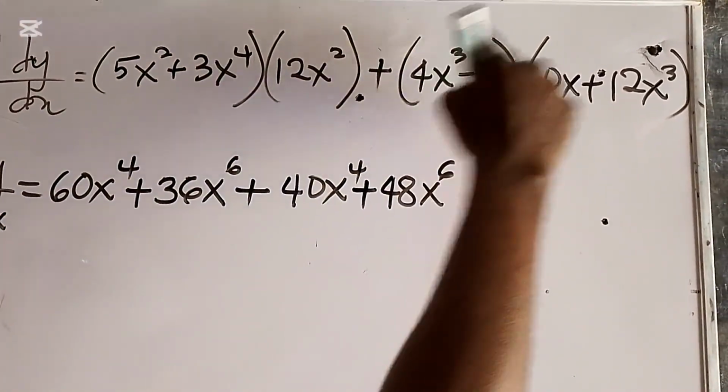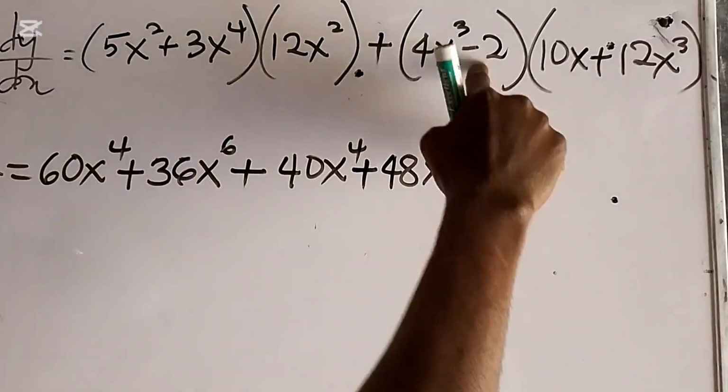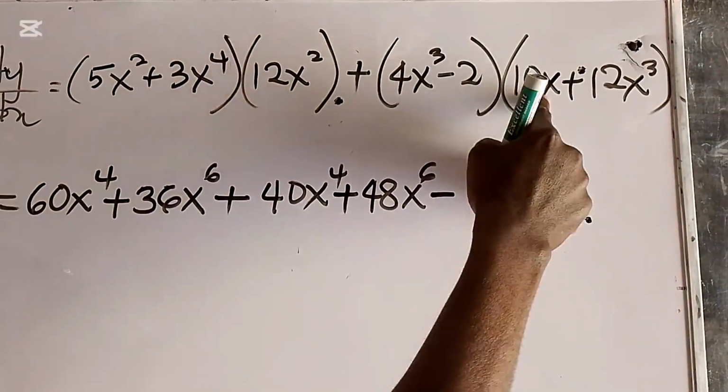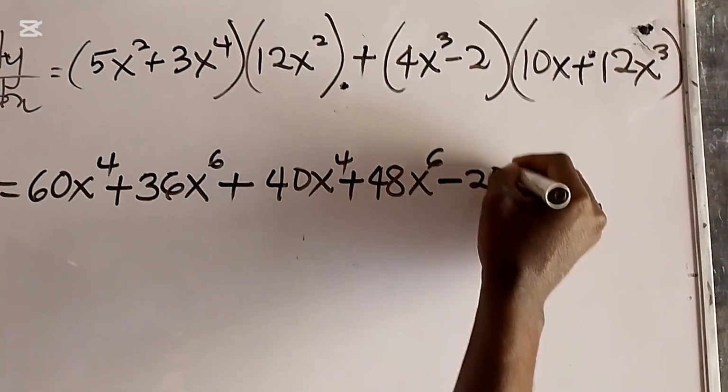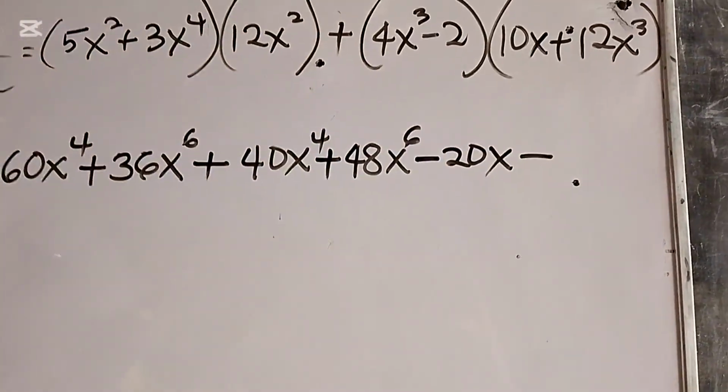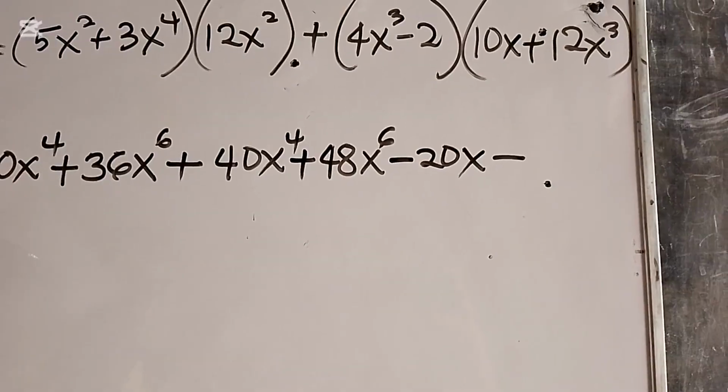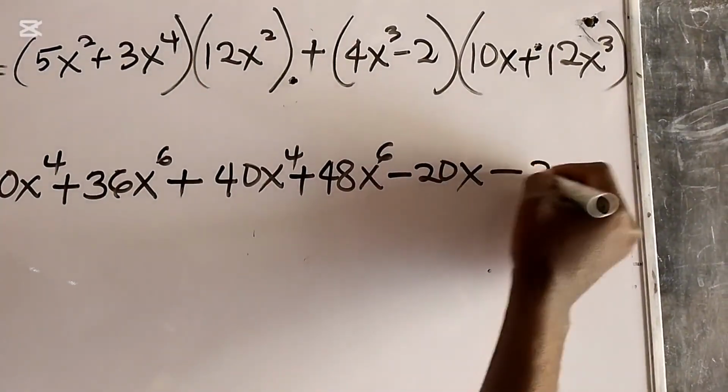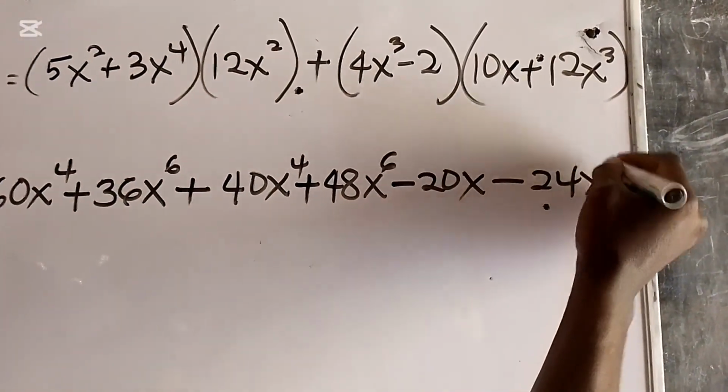Then we have negative 2 multiplying 10 gives us negative 20x, minus negative 2 multiplying 12 gives us negative 24x cubed. I hope you are following.